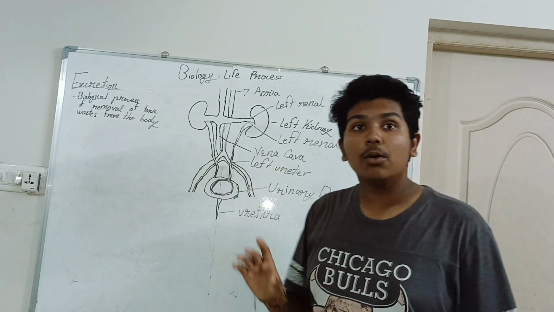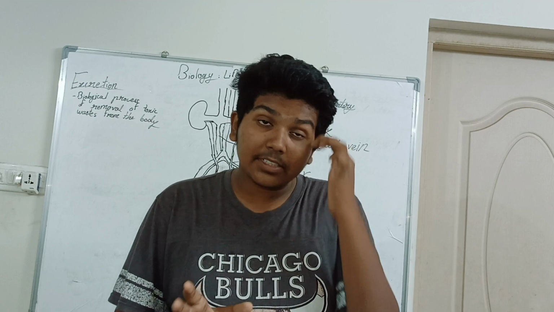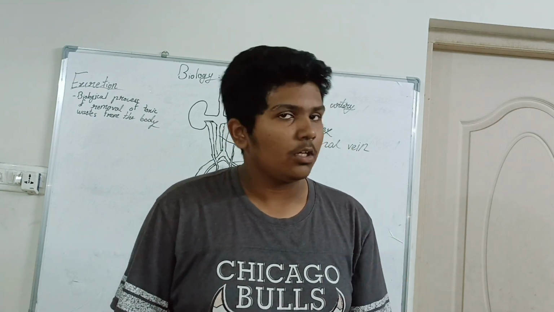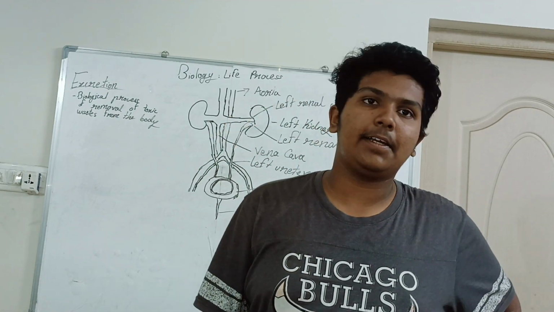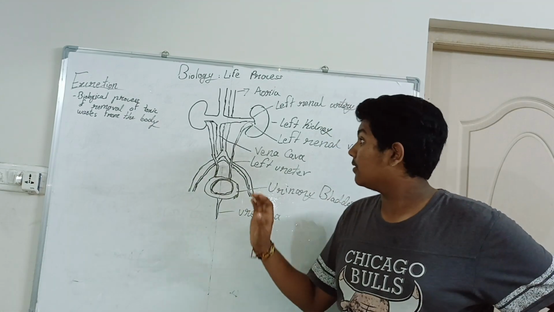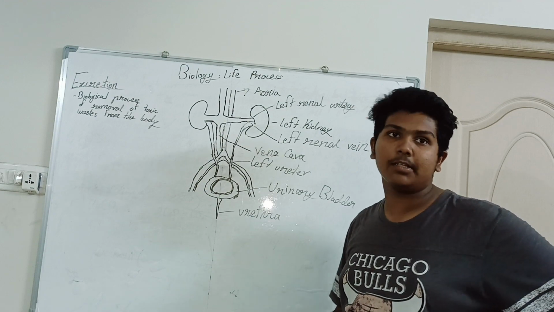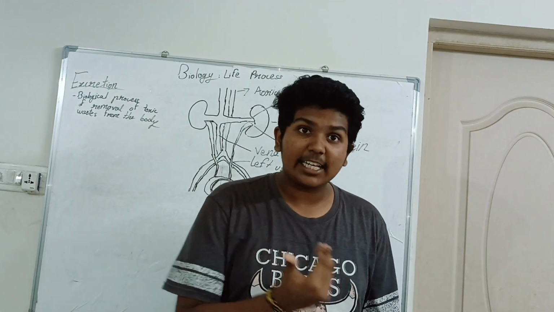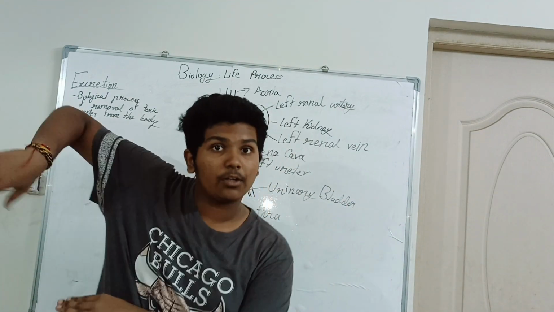But what does the kidney contain? They have something called nephron, and they have millions of it. So what does nephron help? What is it exactly? Nephron helps in separating the unwanted stuff and the wanted stuff. Though when the waste goes, it might detect some wanted stuff, so it will take all those wanted and go.